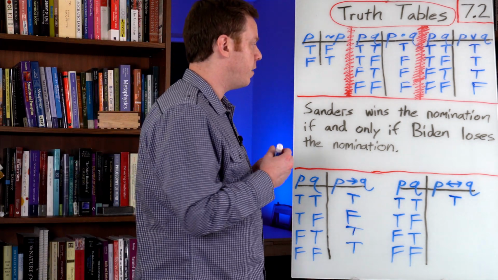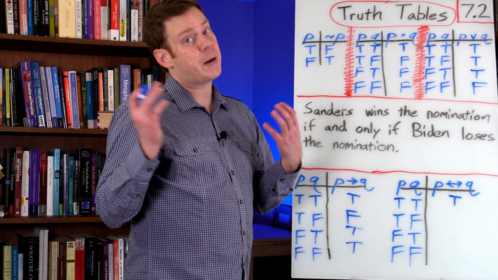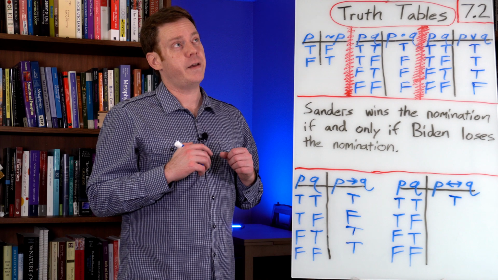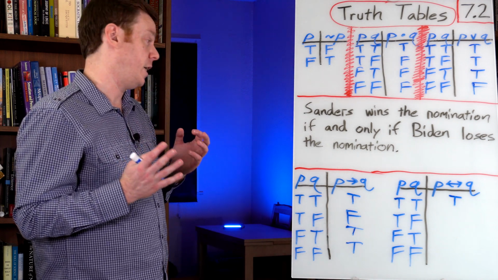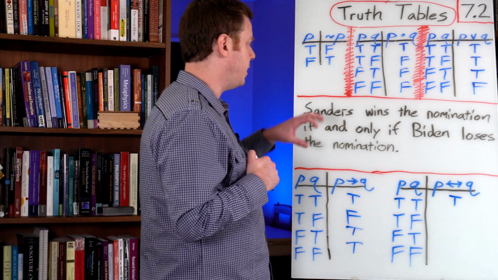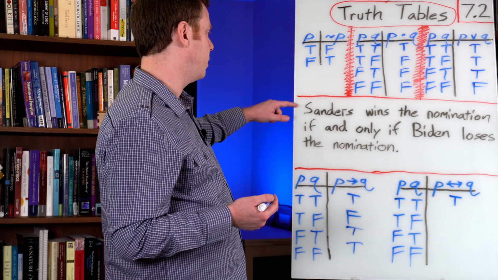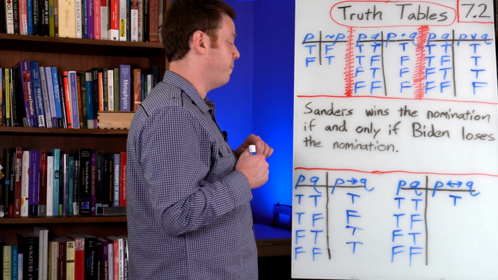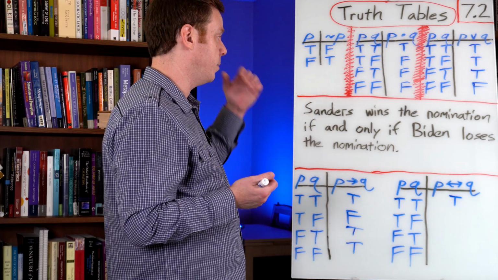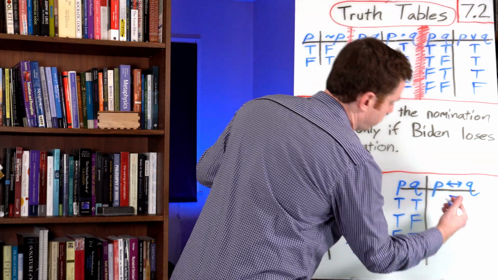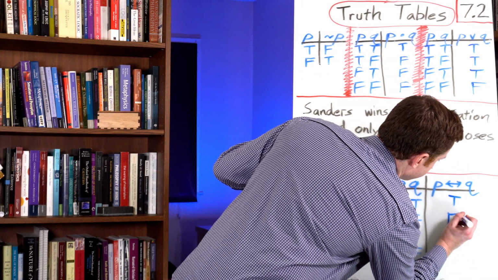Well, then this whole statement, I mean, if that's possible, if it's possible for them both to win, I don't know, maybe the rules have to change, then this statement actually is false, right? It's false. Sanders wins the nomination if and only if Biden loses. That's false because it's possible they could both win. So this whole biconditional is actually false.